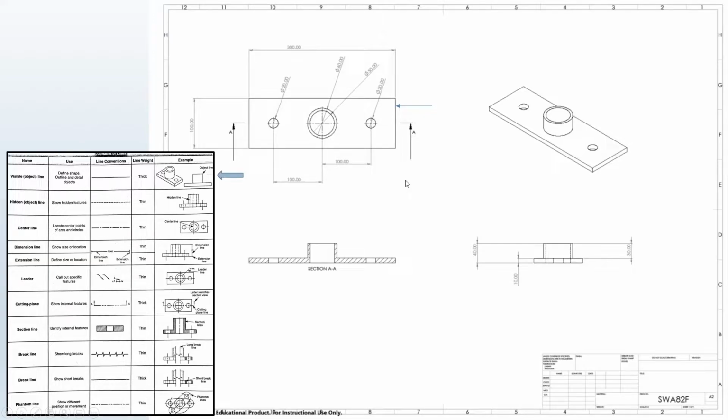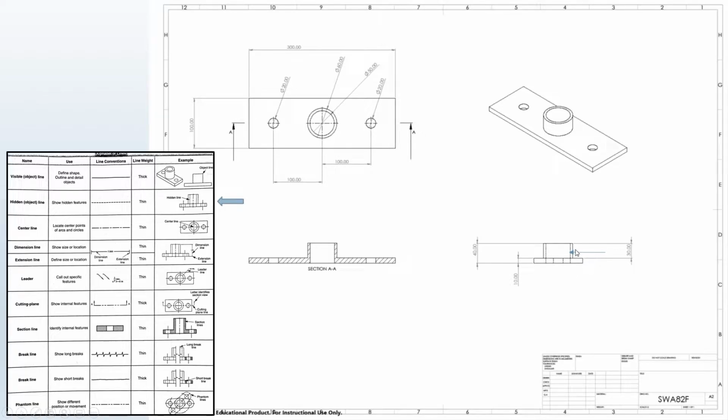The next line we have is called the hidden line. For a hidden line, think about this piece not being made of steel, or in this case cast iron, but being made out of plexiglass. This would be the view of the piece from this end. If we were looking straight down this end, this is that view right here.